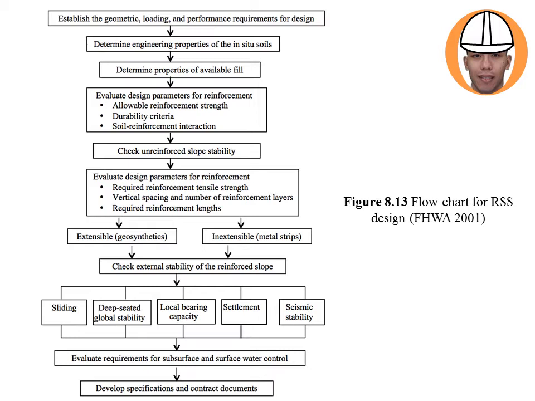So you have two types: extensible, so that is geosynthetics; inextensible, like metal strips. And then check the external stability of the reinforced slope. External stability check is like the external stability check when you're designing a dam.